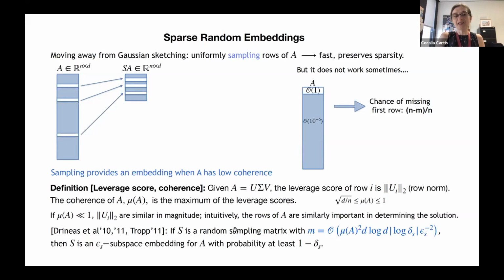And so we have some hope of showing that sampling provides a subspace embedding. However, the result is that the size of S is proportional to the coherence of A and d log d.